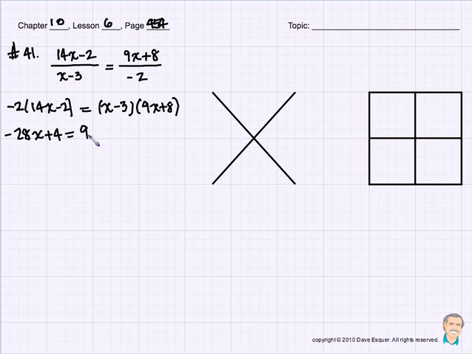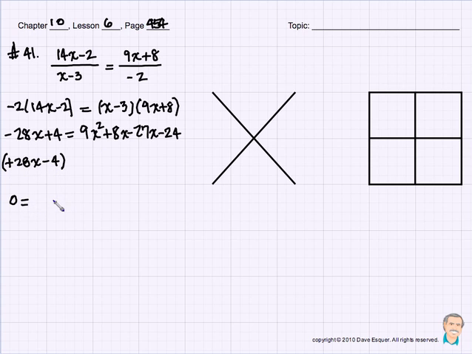That turns out to be, when we do the foiling, 9x squared plus 8x minus 27x minus 24. And what we want to do is set all this to 0 because we have an equality. So we're going to do that kind of in one step by adding 28x to both sides and subtracting 4. Okay, so just kind of keep that in mind.